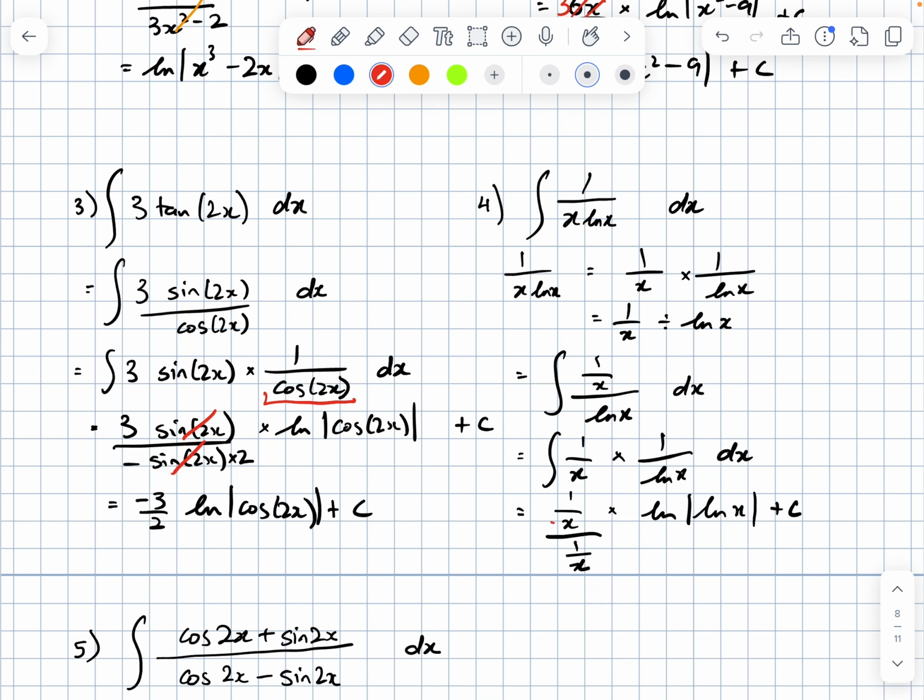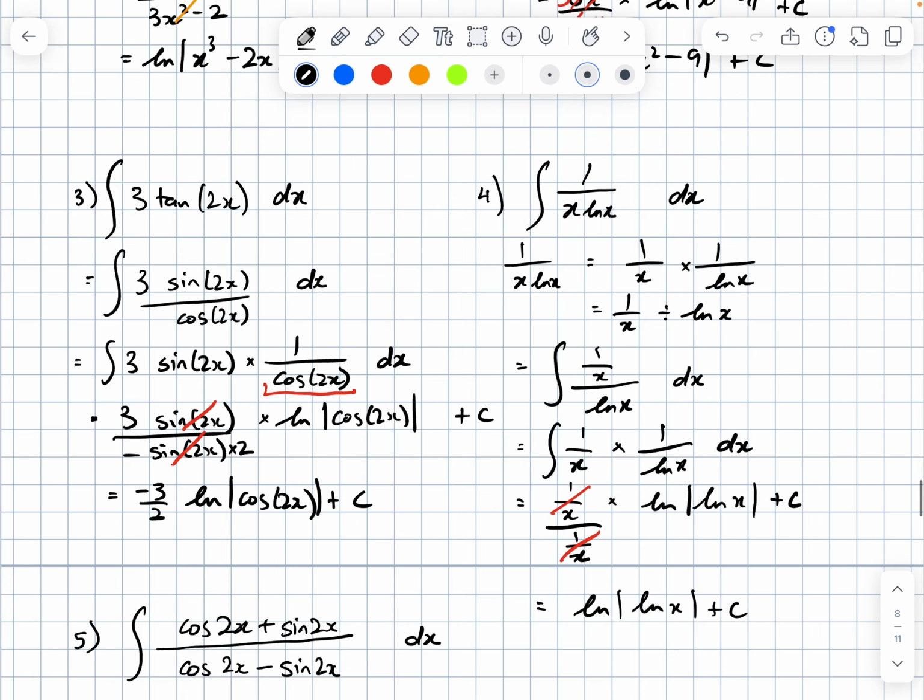The 1 over x's will cancel, and we get ln of ln x plus c. Now you don't have to do this bringing the numerator to the side step if you can just see what the coefficient will be. I'm just putting it over here if it helps you to figure out what that coefficient will be.